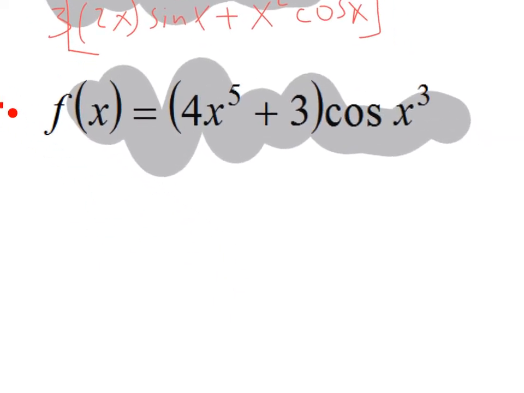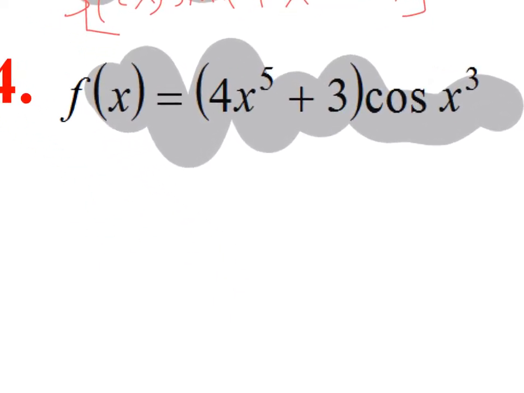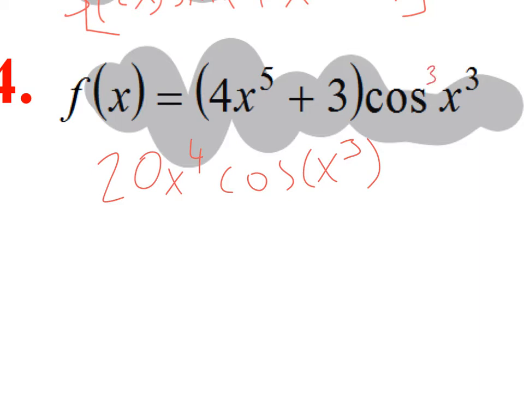And then for the second one, we take the derivative of the first thing, so 20x to the 4th times cosine of x cubed. I think that's cosine of x cubed. Yeah, if it would have been cosine cubed, the 3 would have been right here, but it's not there, so I don't have to worry about it.